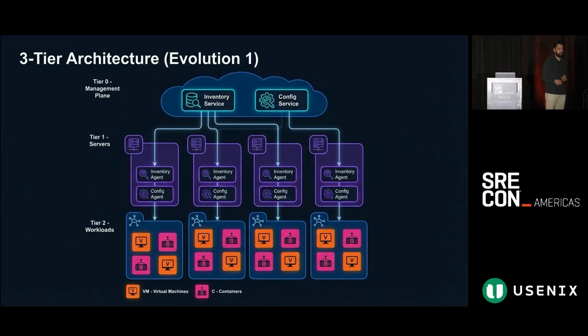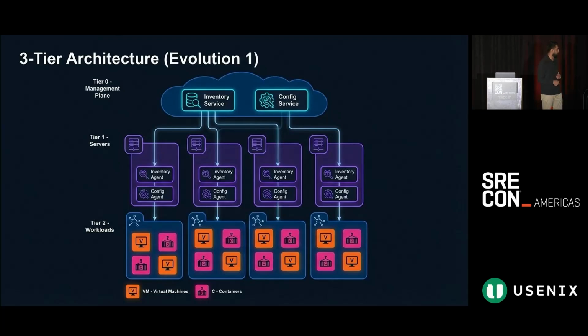So now we decided rather than workloads coming and registering with the management plane, it would be the servers on which these workloads reside. They would be our first-class citizens, and they would be the ones registering with the management plane.